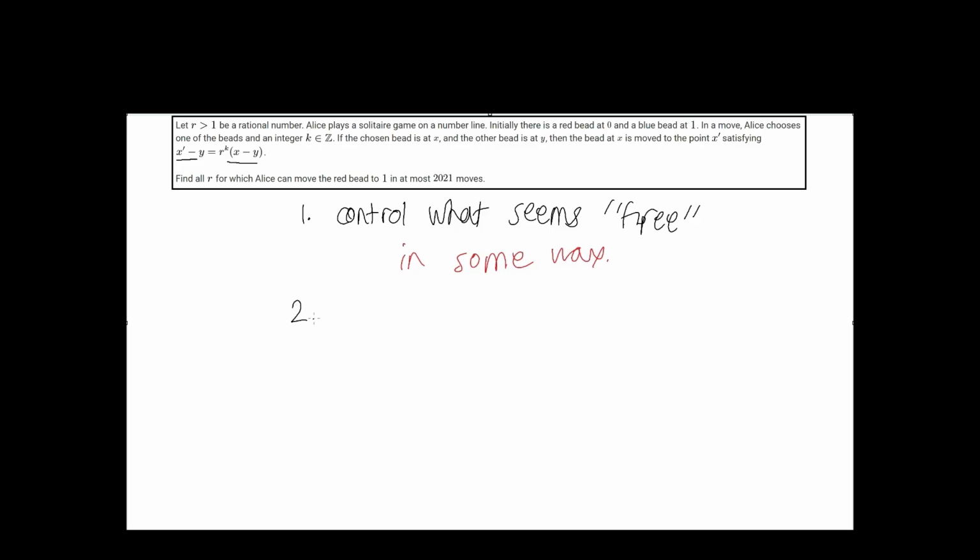And this brings us to takeaway number 2: play around a lot. Because by playing around, you can get a sense for what values of R work and the main process involved. Just by playing around, you can get the constructions for the values of R that work.